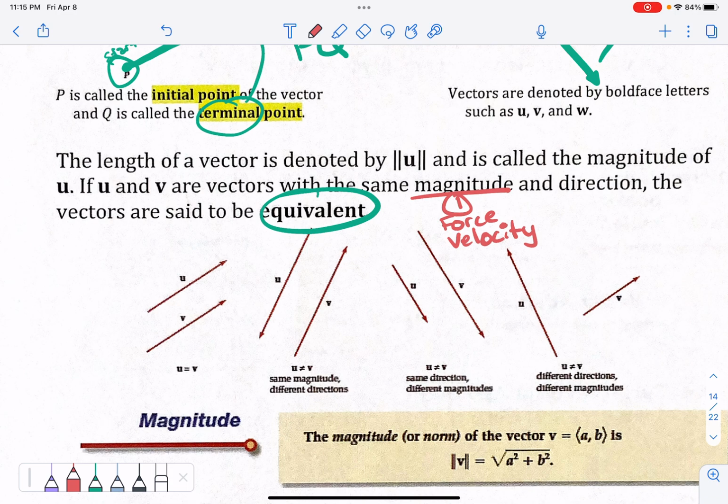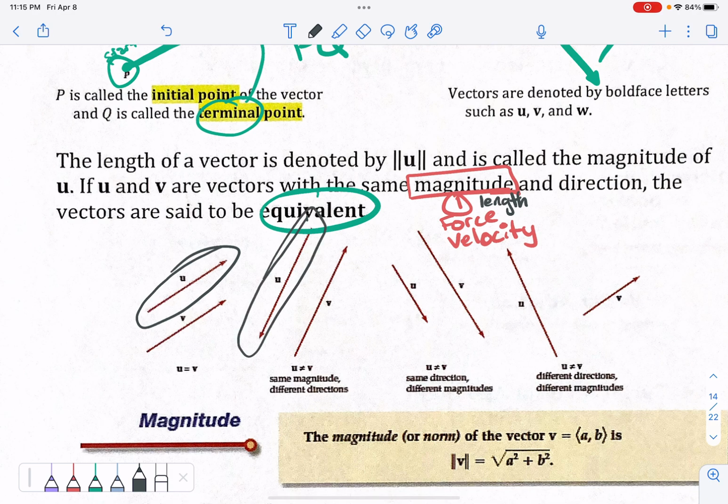So if I'm throwing a ball, it's going to be the velocity that I launch that ball with. That is the magnitude. And the magnitude a lot of times will be represented in length. So it's like how long your vector is, right? So this vector is that length, this vector is this length. So this one I'm probably using more force than this one, okay?